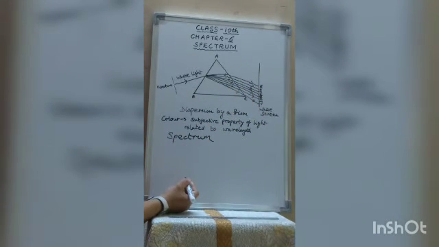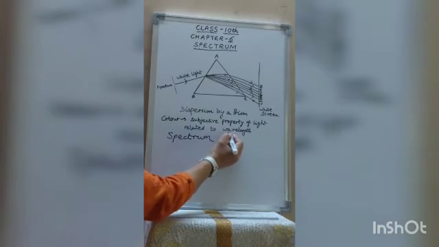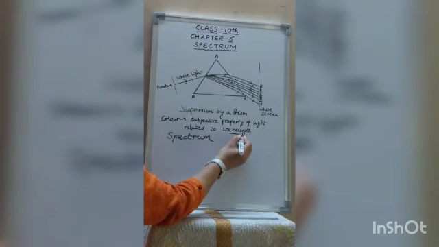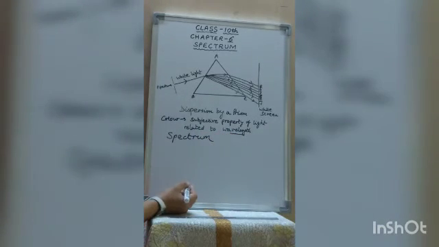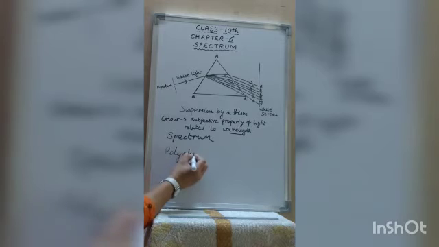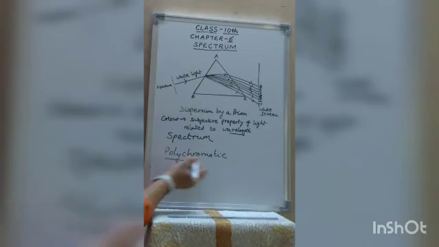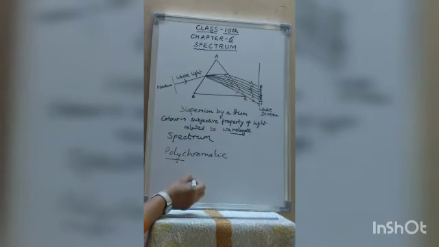So he concluded that white light consists of 7 prominent colors, and each color corresponds to a particular wavelength. Thus, white light is a mixture of a large number of wavelengths. That means white light is polychromatic in nature. Poly means many, chromatic means color. So, white light is composed of 7 colors.